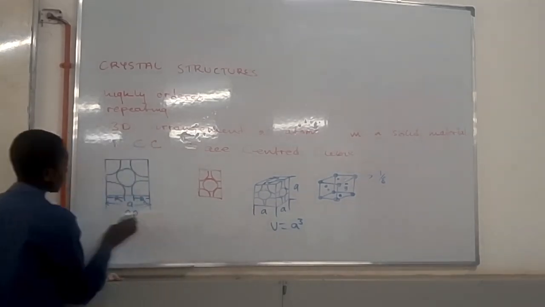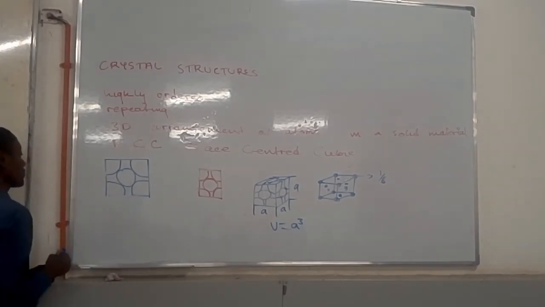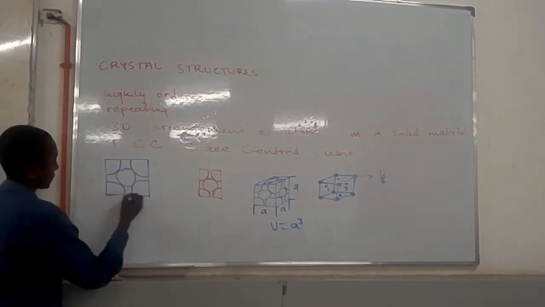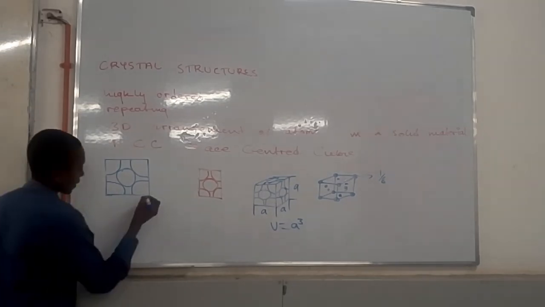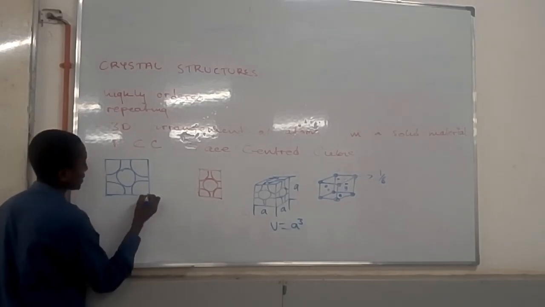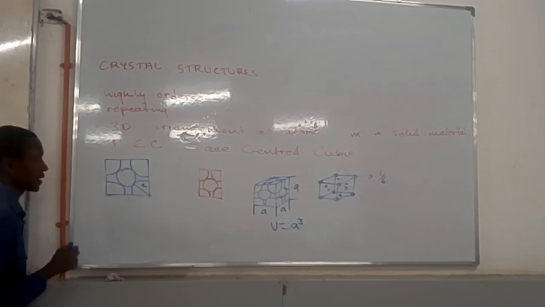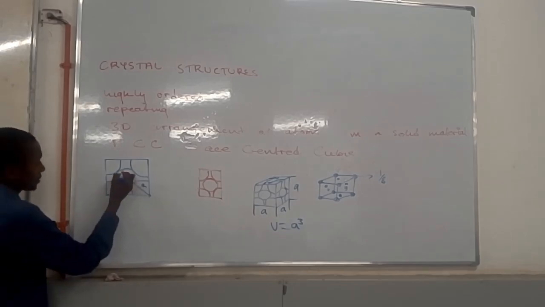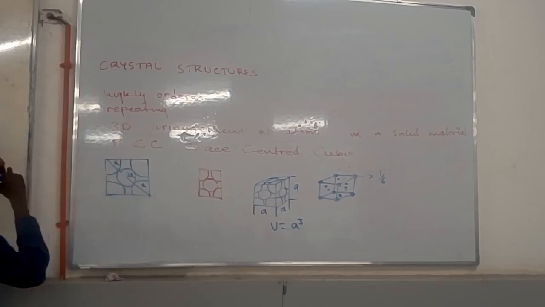So how are we going to find the volume? We're going to find it like this. Do you agree with me that the distance from here to here is r? Even the distance from here to here is 2r. The distance from here to here is what? r, right?